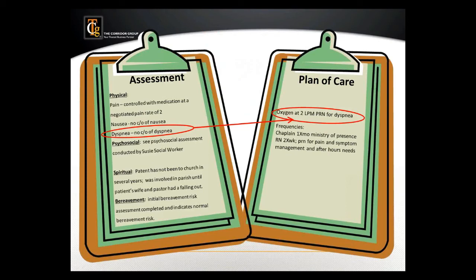On the psychosocial side, there's an assessment that we would see conducted by the social worker, and maybe sometimes we don't even see a psychosocial assessment, but other times we're seeing that there are no needs identified from that psychosocial assessment by Susie's social worker, yet Susie is going out and seeing the patient every single month, and that's a pretty common frequency where we'll say social worker 1 time a month.